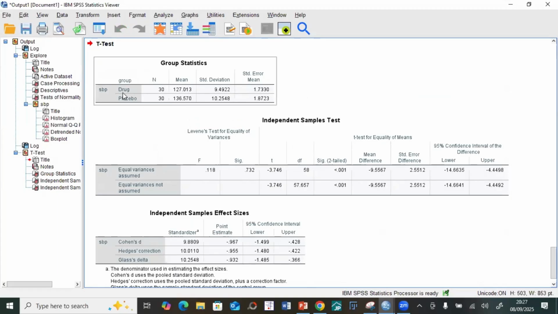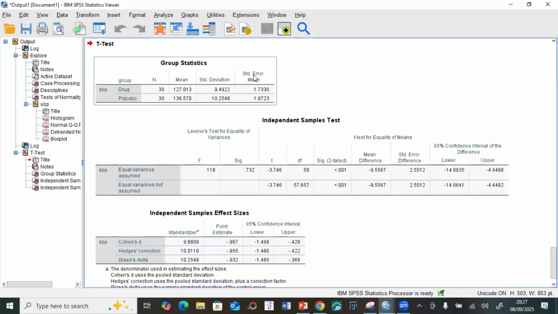So we've compared the systolic blood pressure between the drug group and the placebo group. There were 30 participants in the drug group and 30 participants in the placebo group. The mean blood pressure in the drug group was 127 with a standard deviation of 9.5, and in the placebo group it was 136 with a standard deviation of 10.2.